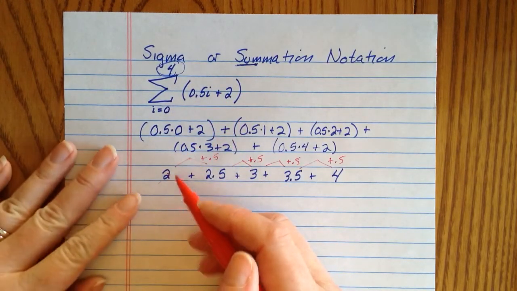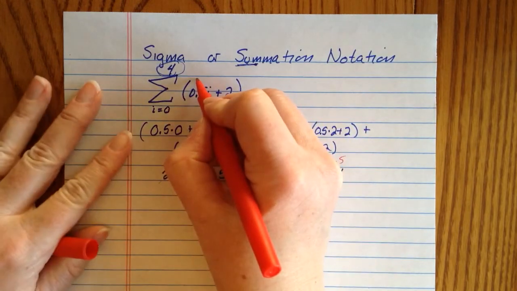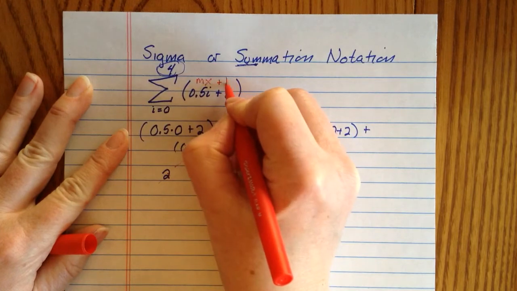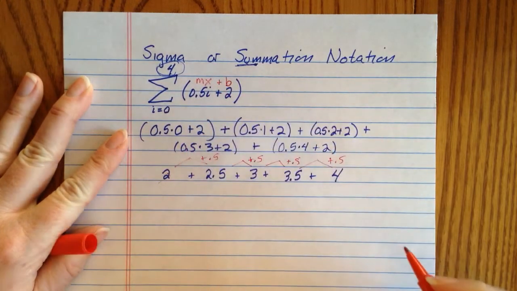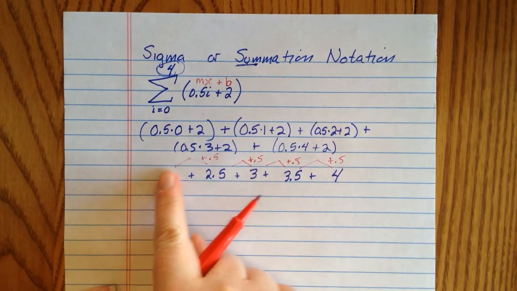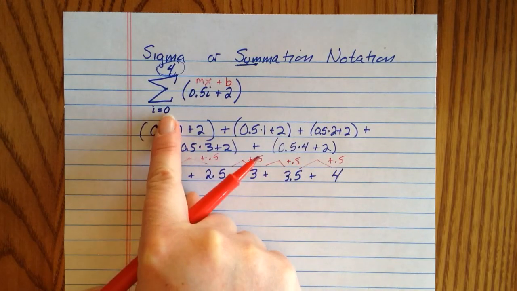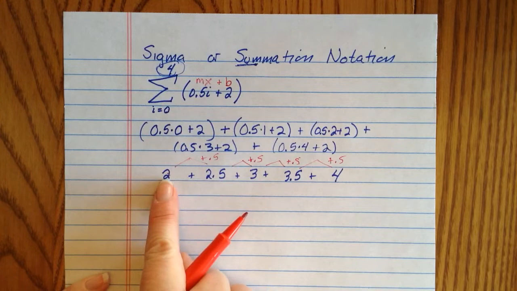It's almost as though, yes it is, this is of the form mx plus b. And when it's mx plus b, these numbers will go up by the m, and if you start with 0, this is automatically the b.